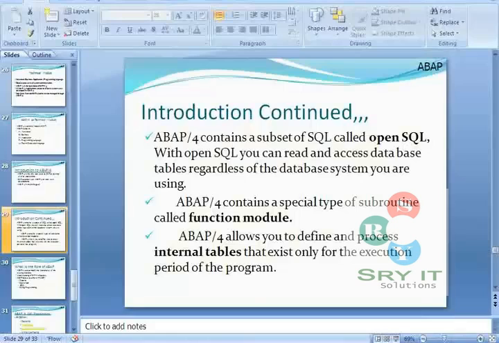Reusability. Once you define a subroutine or a function module, you can reuse that functionality n number of times according to your process. So functions and subroutines are the modularization concept, and we will understand them very deeply at a later stage.